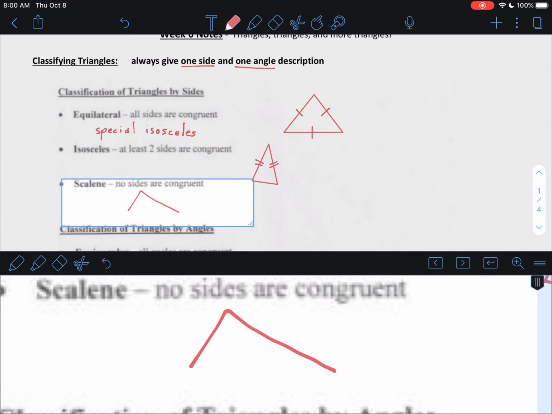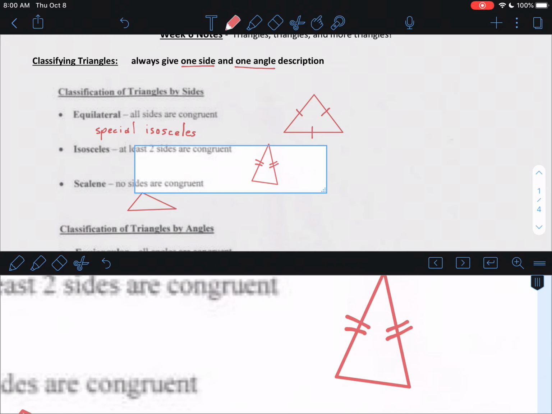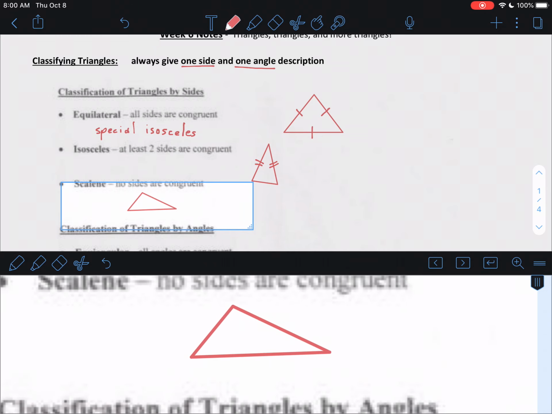I'm going to straighten those out. So there's a scalene triangle. And clearly we can see that none of those three sides are going to be the same length. We don't have to mark this with any tick marks because we know that they're not going to be the same. So there's no point.